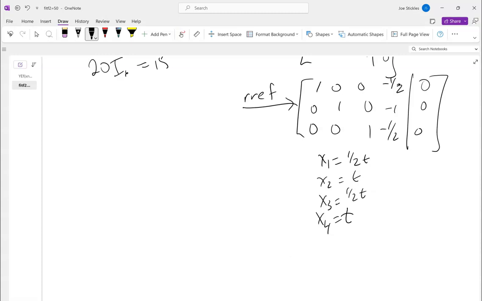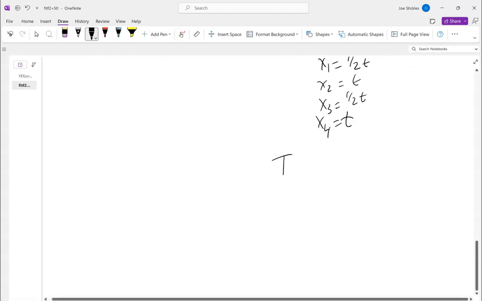You can have any number of molecules that you want on both sides of the equation. So the fact that you have infinitely many solutions makes sense. We just want to make sure that we get integer solutions, right? We don't want fractions. So what would be a good value to plug in for t so that all of your fractions go away? 2, yeah. So if t is 2, then we get the equation what?